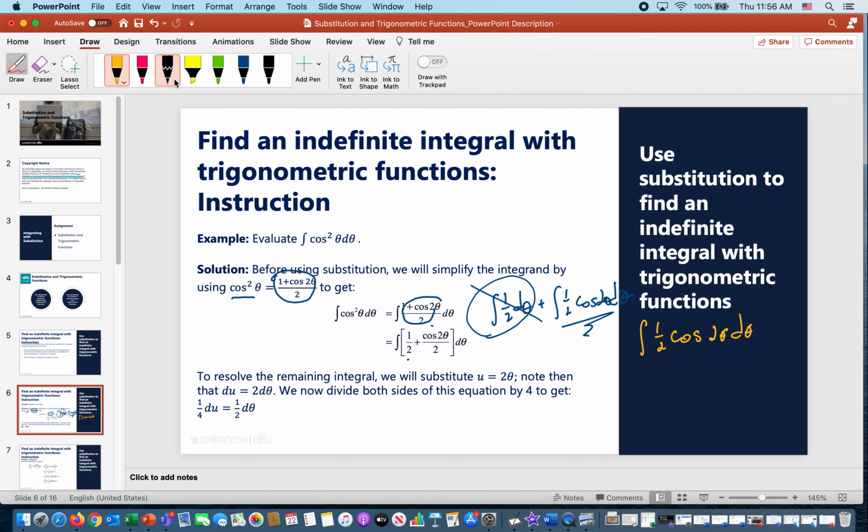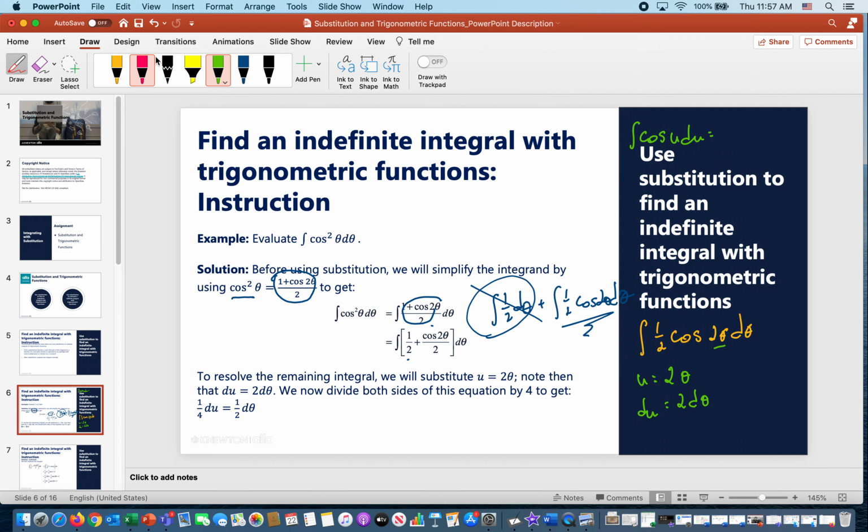We're going to let u equal 2 theta. And here's the hint. On some of your trig derivative tables, you'll see the integral of cosine u du. So u is the thing we're taking the cosine of, right? In this case, we have u equal to 2 theta. Du is the derivative of this, which is 2 d theta.